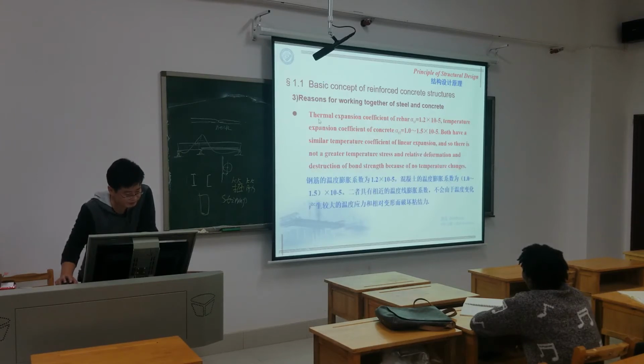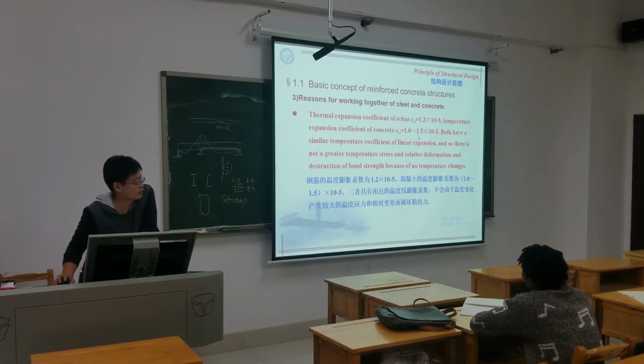And another one, as I said just now, is the influence of temperature, the thermal expansion coefficient. For steel it is 1.2, and for the concrete it is 1.0 to 1.5.